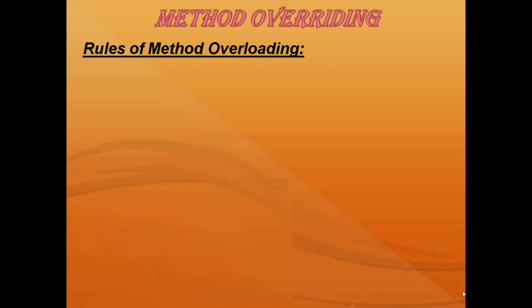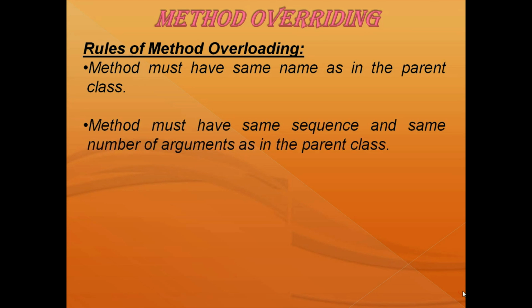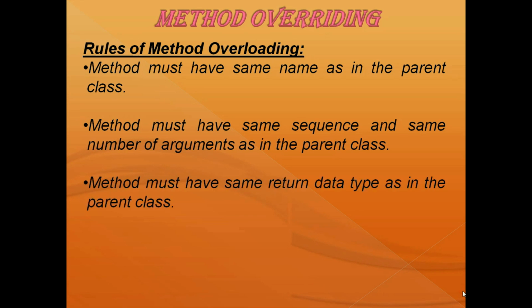The rules for method overriding are: the method must have the same name as in the parent class, the same sequence and number of arguments as in the parent class, and the same return type as in the parent class.